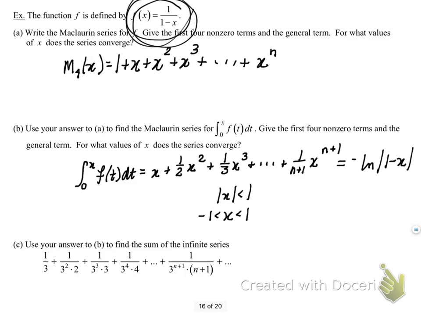We have our interval of convergence, and I believe, if I remember correctly, this is all a fancy exercise to prove to you that the interval of convergence for a function, its derivative and its integral are going to be equivalent.